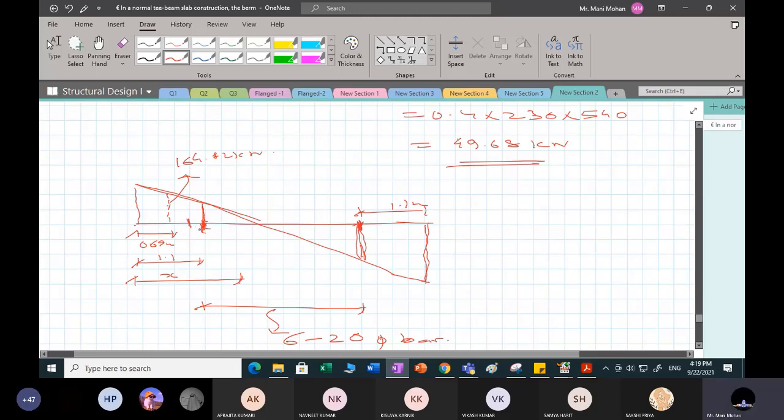So I can say from my result that from this till here I can provide my nominal shear reinforcement. So I can always interpret that from my curtailment zone onwards, I can provide nominal shear reinforcement. Okay, is this point clear to you all?